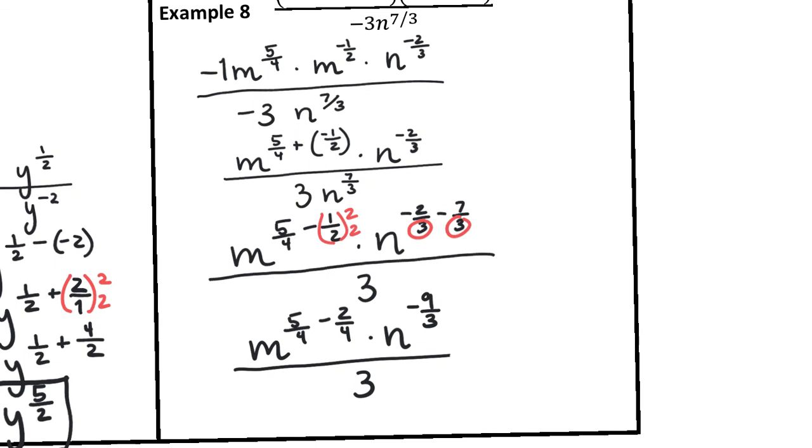Let me erase some of the fraction here. And so this is going to equal m to the power of 5 minus 2 is 3, so 3/4 times n to the negative 3, because negative 9 divided by 3 is negative 3. Everything divided by 3.